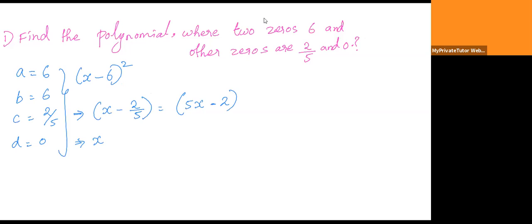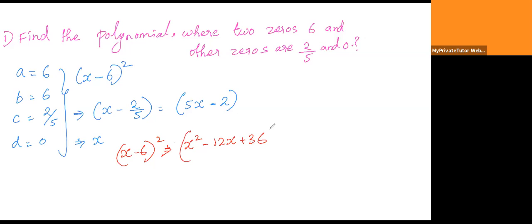I hope you guys understand. And then what you need to do now is just multiply. What is the x minus 6 whole square formula? Everyone knows that. I'm going to write it directly, which is x square minus 2ab, what is 2ab, 12x, plus 36.